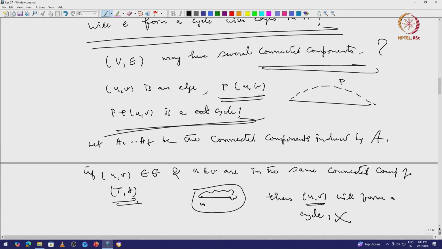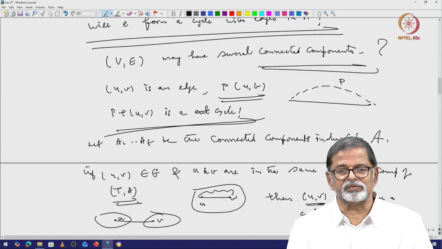But if U and V are in different connected components, so this is one connected component, this is another. If this is U and this is V, this edge in fact will fuse these two connected components, it will merge these two connected components and create a bigger connected component, and there is no cycle that will be formed.